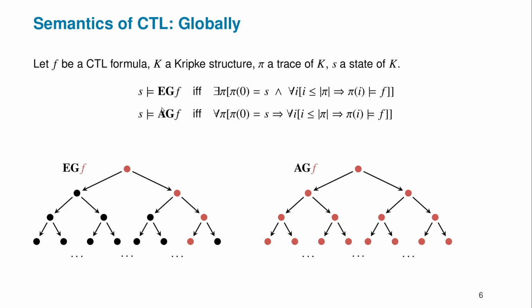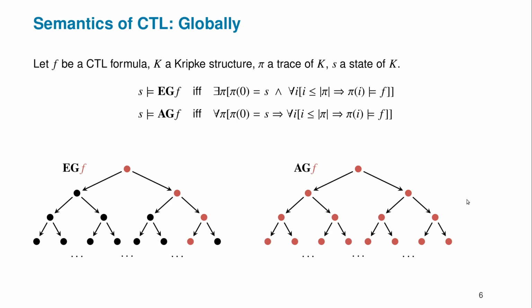And then for the semantics with an A, so AG F, always globally F, holds in a state S if for all possible paths starting with S, it holds for all states that are reachable that F holds in all of these states.